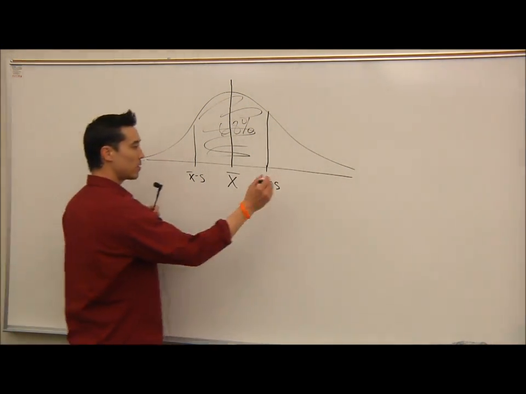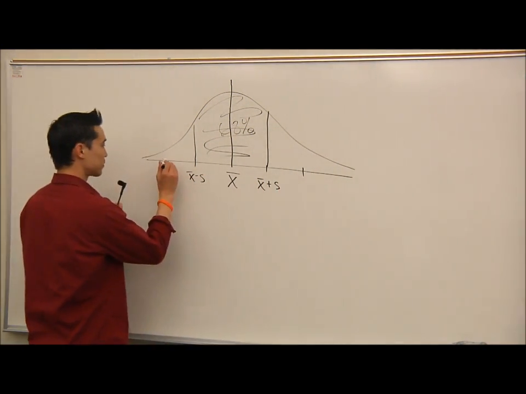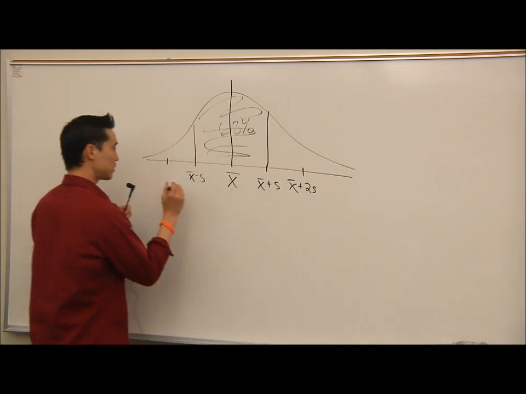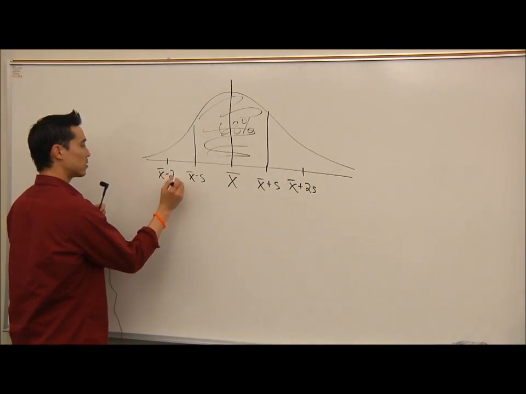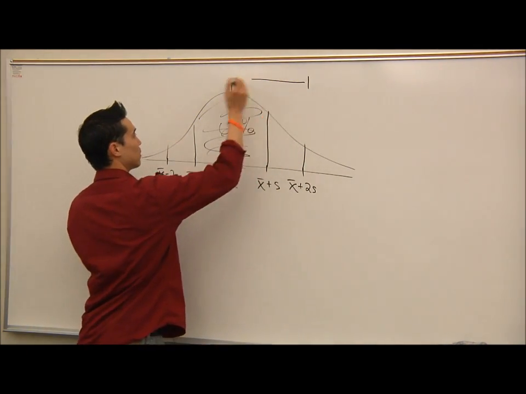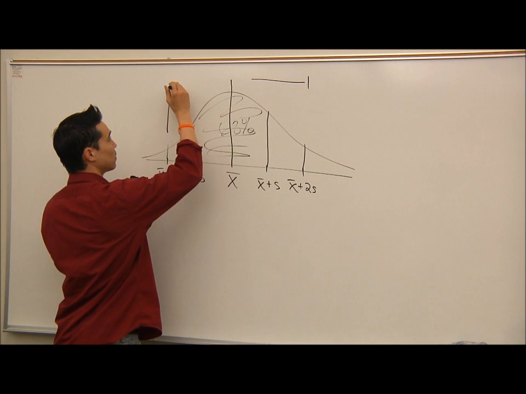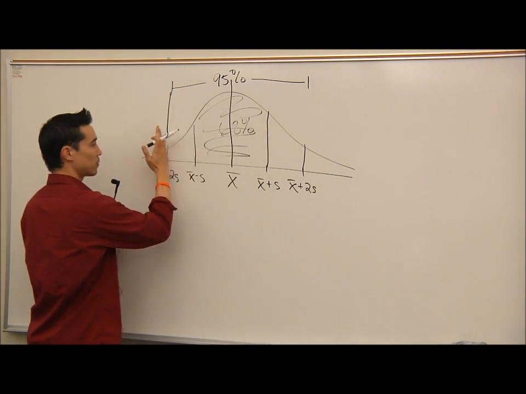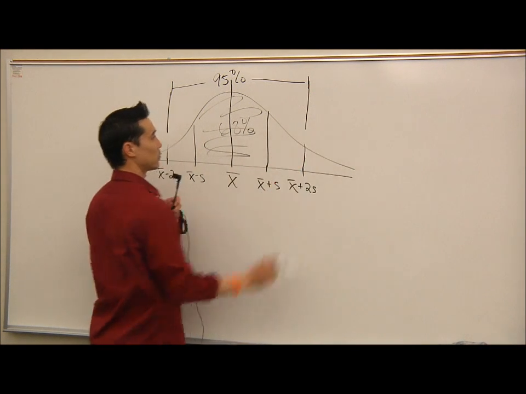If you go out another standard deviation, so now we're x bar plus 2 standard deviations, x bar minus 2 standard deviations, then this here is roughly 95%. Okay, from this endpoint to this endpoint.